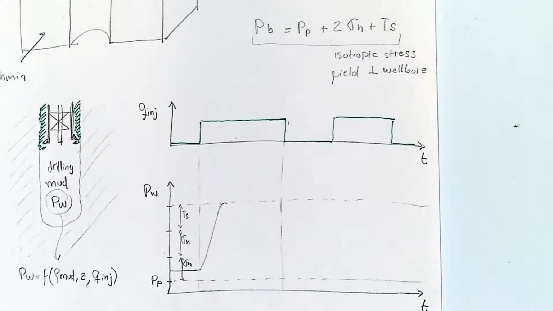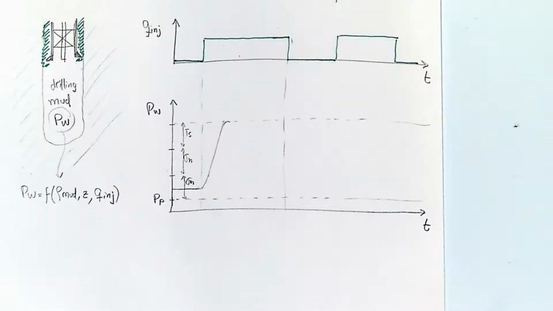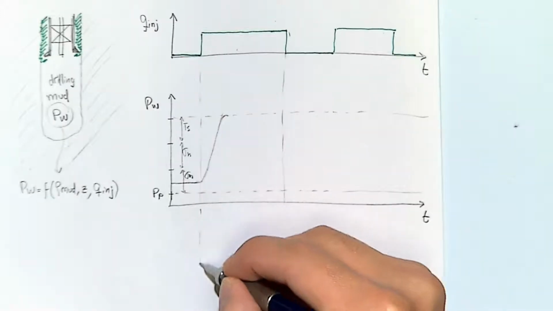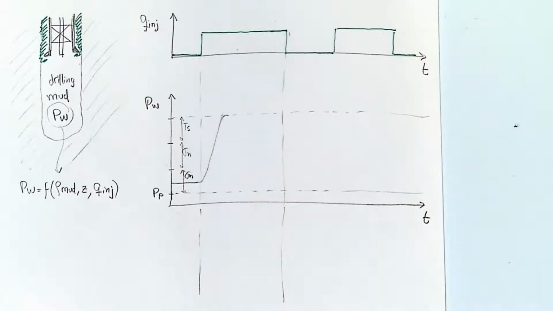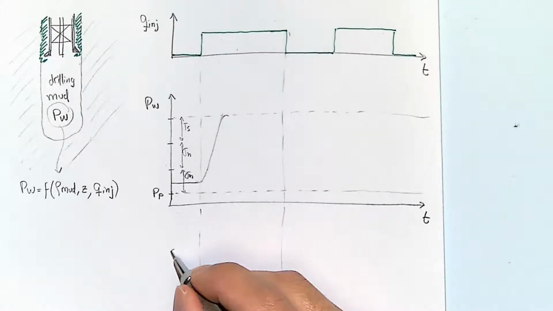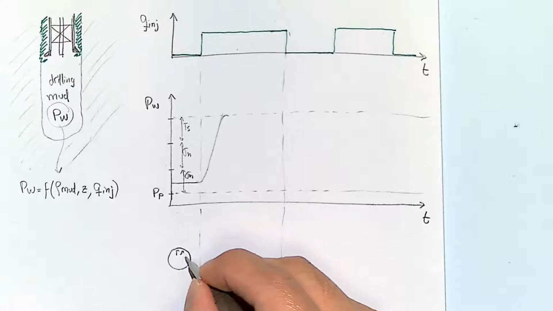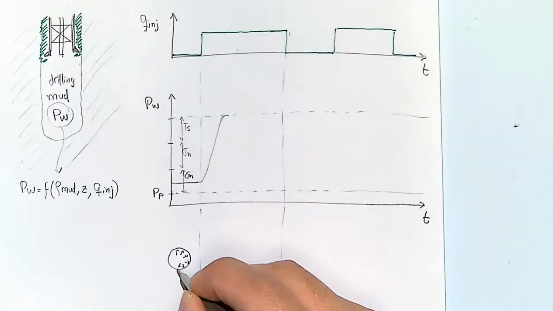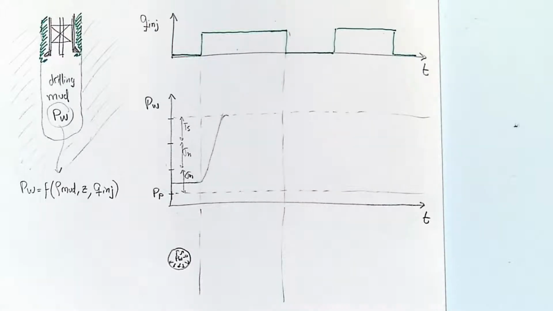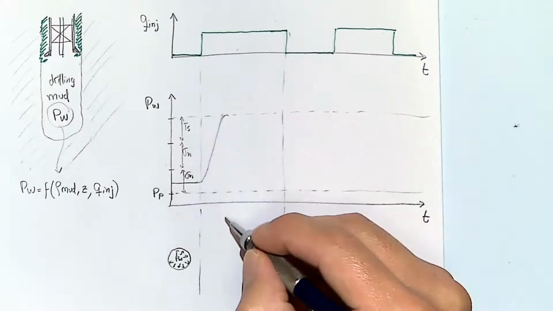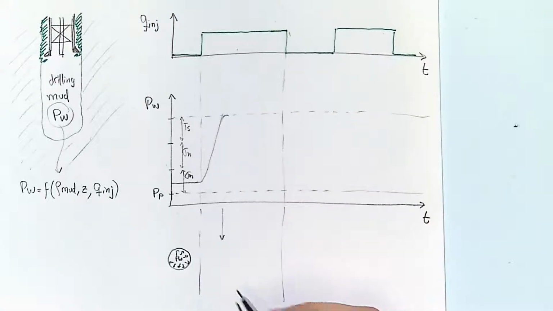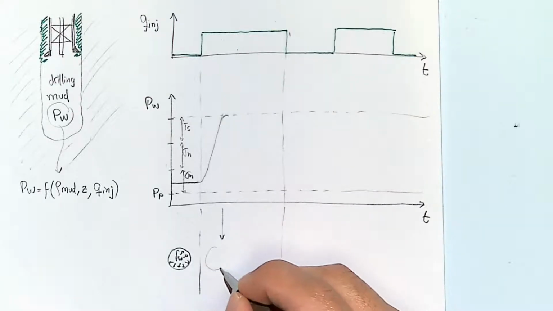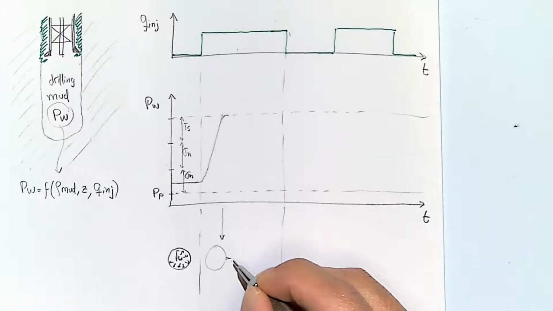Okay, in order to help a little bit, let's see what's going on with the wellbore at different times. So before I have any fracture here, the wellbore looks fine. It looks circular, no fractures, and this is PW. When I get to this point over here, I start to have a tensile fracture.